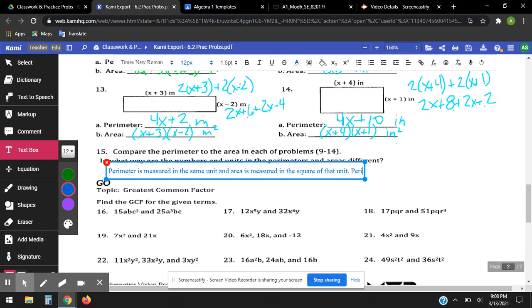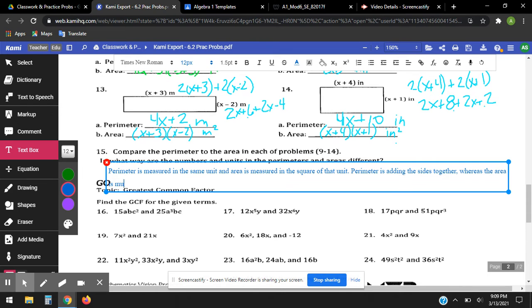Also, perimeter is adding the sides together, whereas the area is multiplying the length times the width.